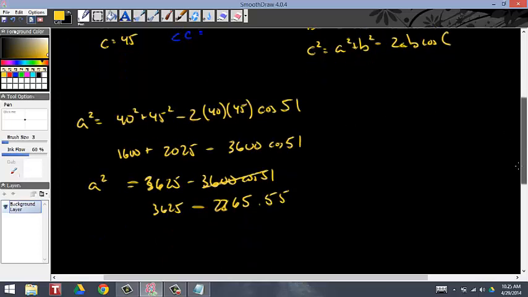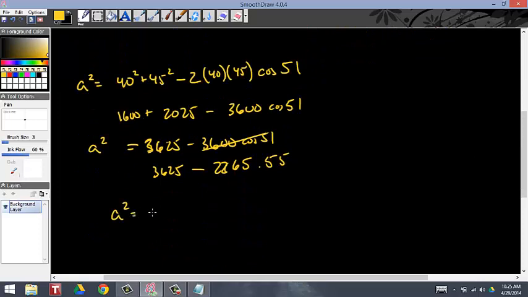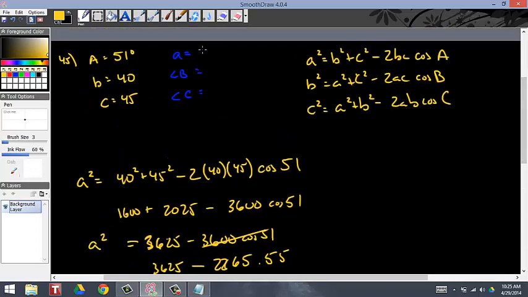So what you get is a squared equals 1359.45, and then you take the square root of it to get 36.87 units, whatever that is.